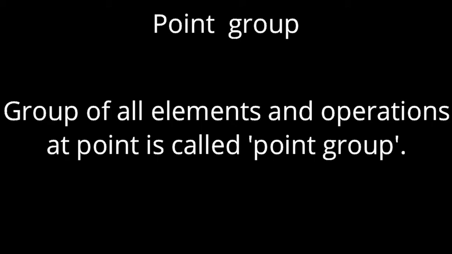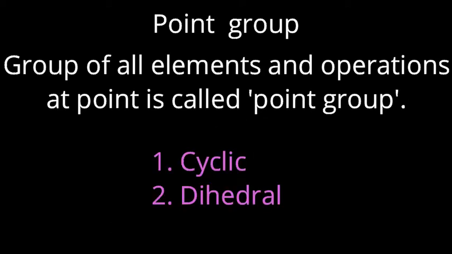Out of the various types of point groups, I would like to discuss here only two types: one cyclic and other dihedral. How to know them, how to categorize them, how to assign them, that we are studying.